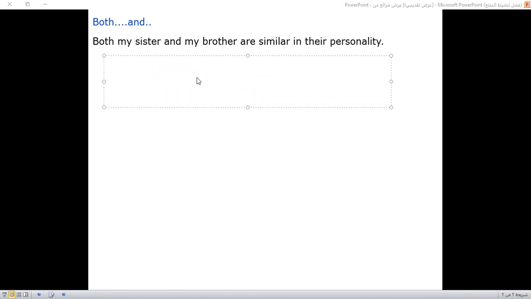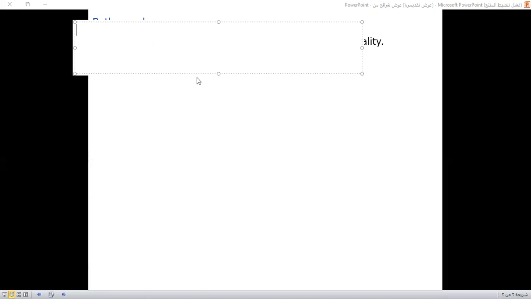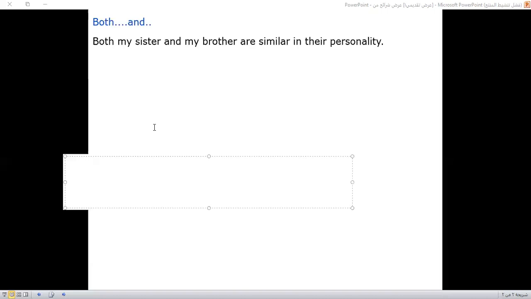Then we have, let me check what we have next. Then we have not only but also. It's the same thing here. I mention that this thing has maybe two adjectives, or two things. So I'm going to use not only but also. Its literal meaning is: not only this thing, but this thing and another thing as well. Did we get the meaning? We must understand the meaning so we know how to use it in a sentence if the question is an essay. So I will use not only if I'm going to mention two things, two adjectives.